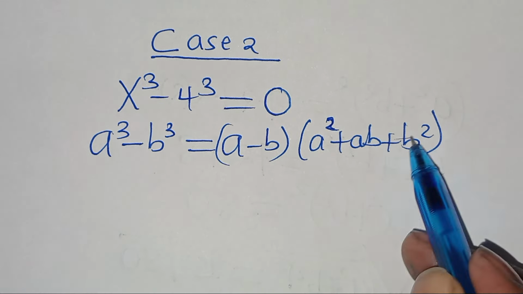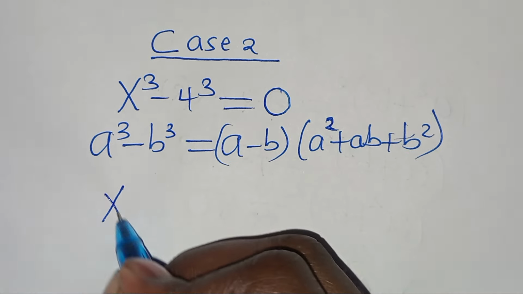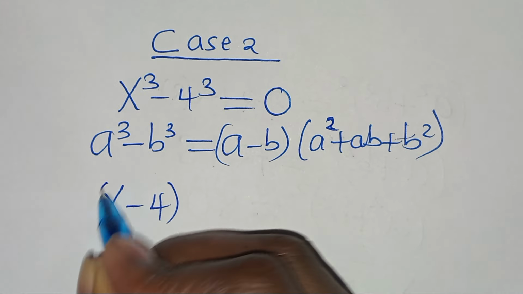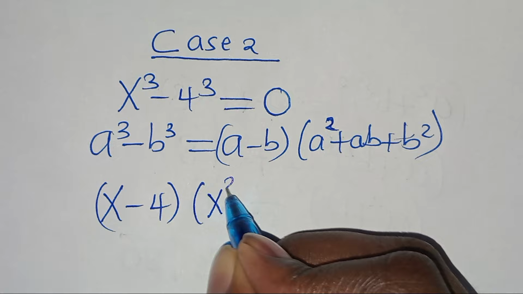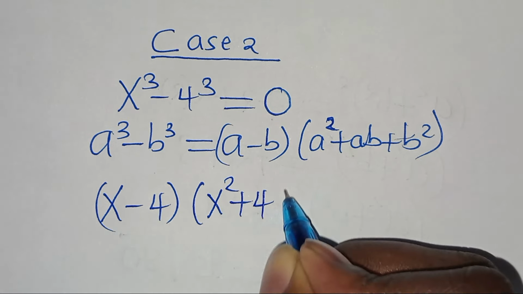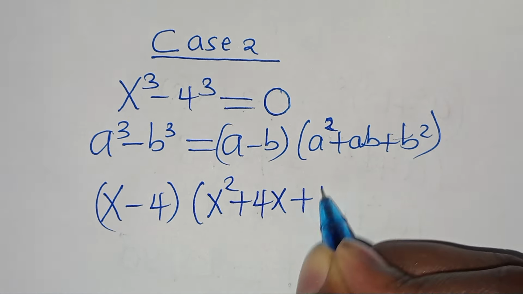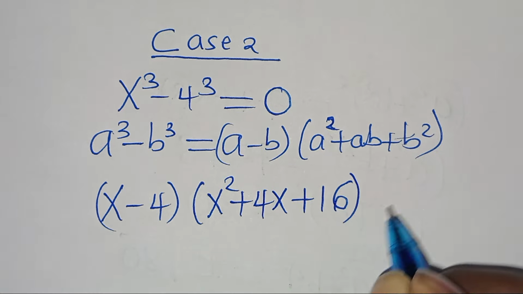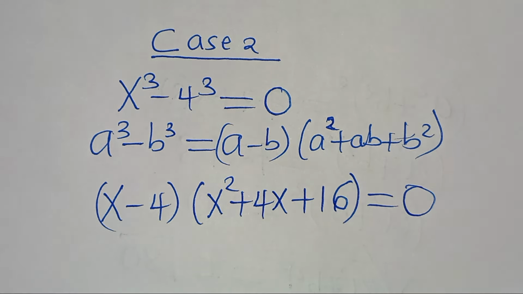Applying this identity, here we have x minus 4, then x squared plus 4x plus 4 squared, and this is equal to 16, this is equal to 0.